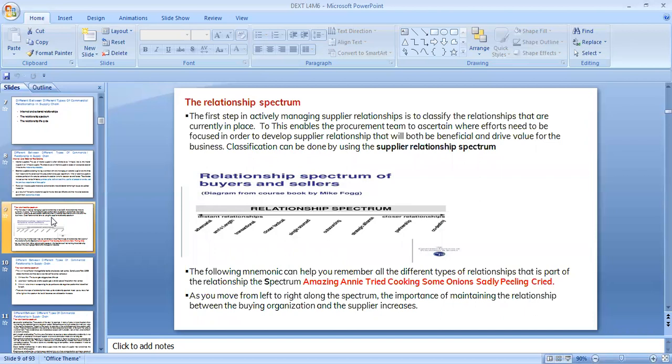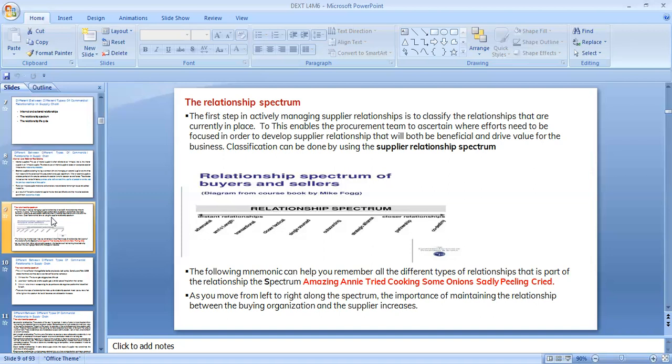So CIPS is educating us, telling us that there are 9 different kinds of relationship that exist, that we must be conversant with to know which one best suits the product and the supplier we have, ensuring that we go for that which best suits our required product or service.